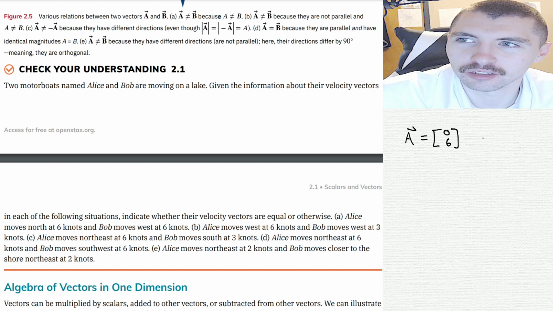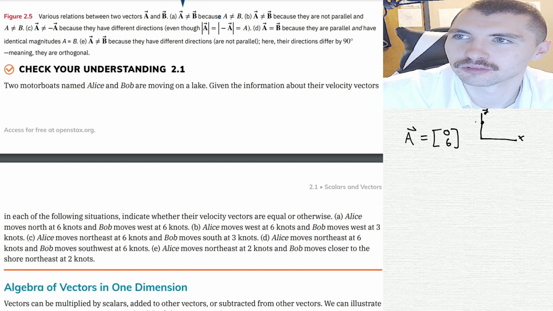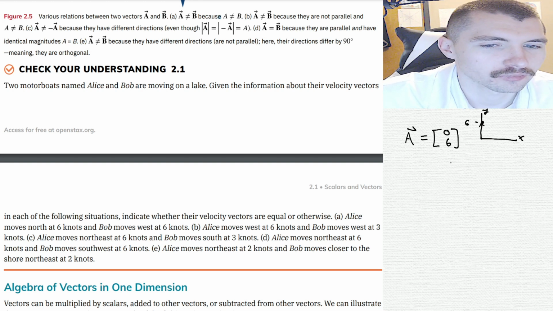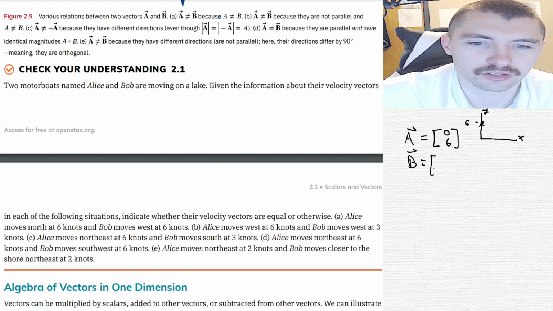So analytically, Alice is here, 6. Okay. Bob moves west at 6 knots. Bob goes west 6.